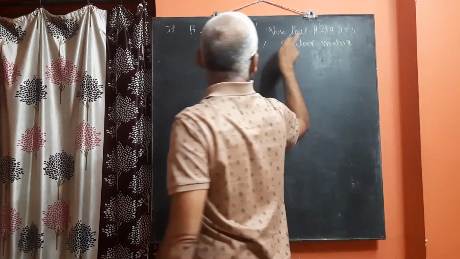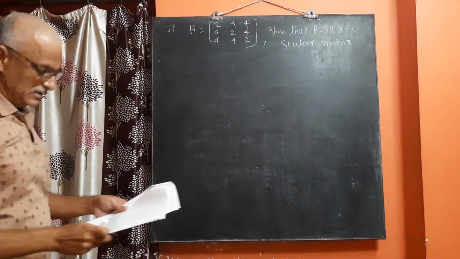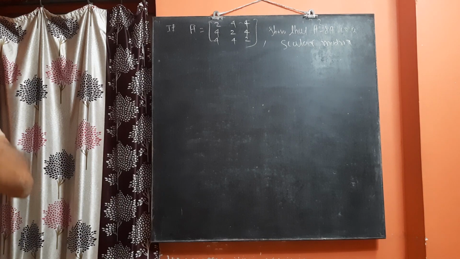You have to find out that A square minus 8A is a scalar matrix.